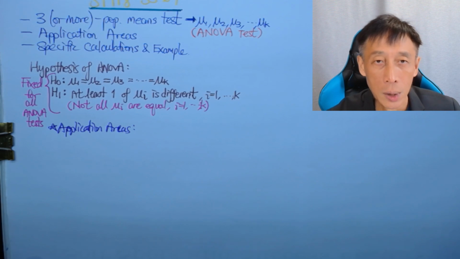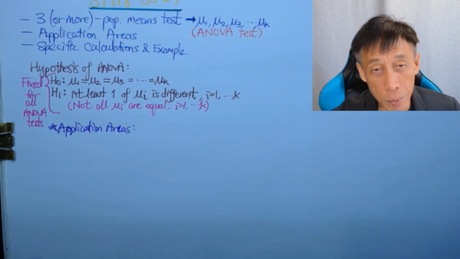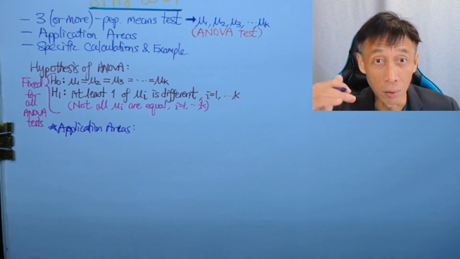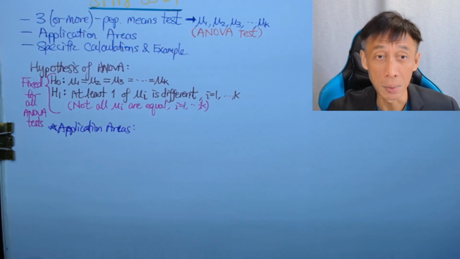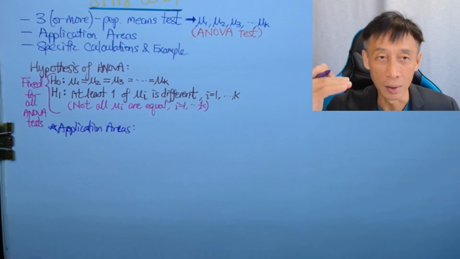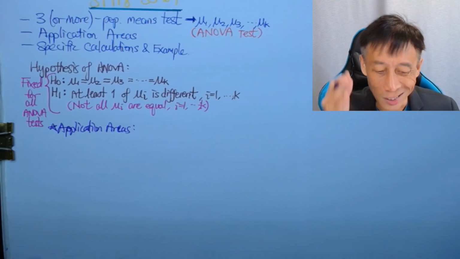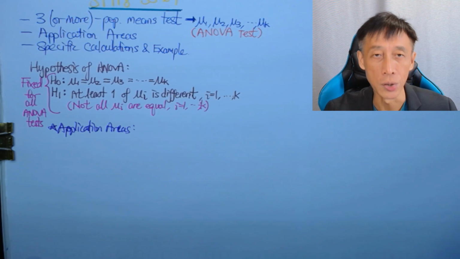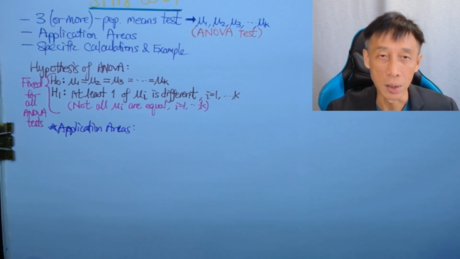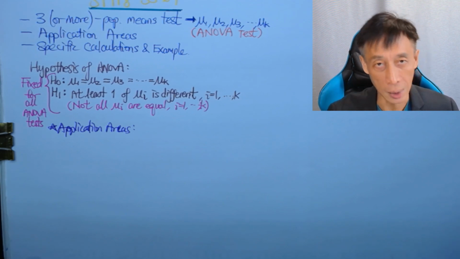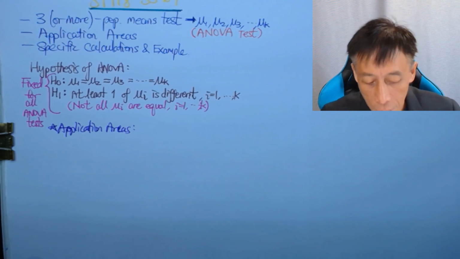I emphasized that a lot in the one population mean test because there's a standard reference, a hypothesized mean. So that is our standard. Did you meet the standard? Did this item, this measurement, this product, this person meet the standard? That's the one population mean test.